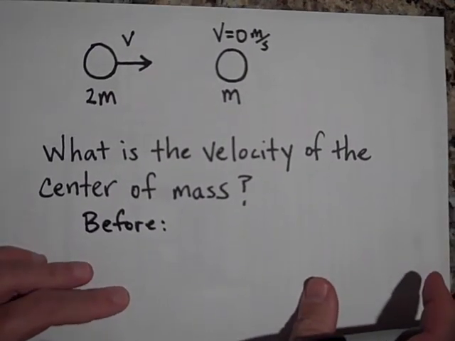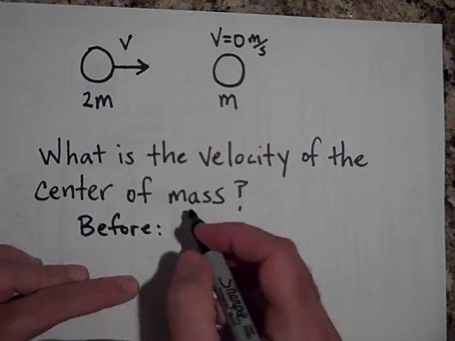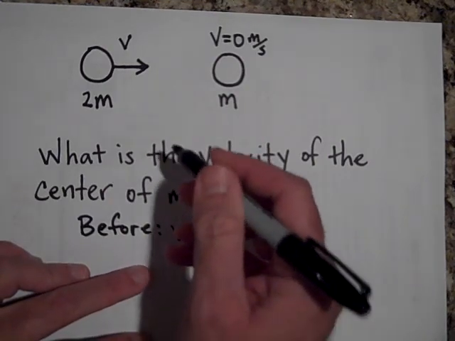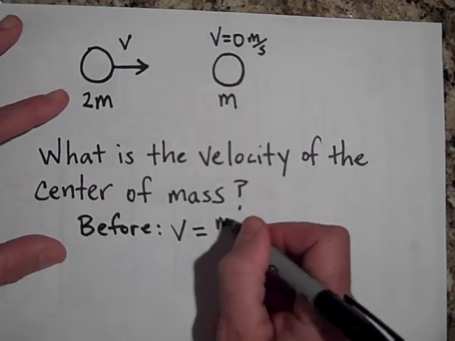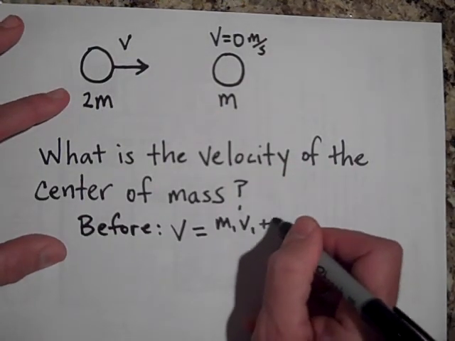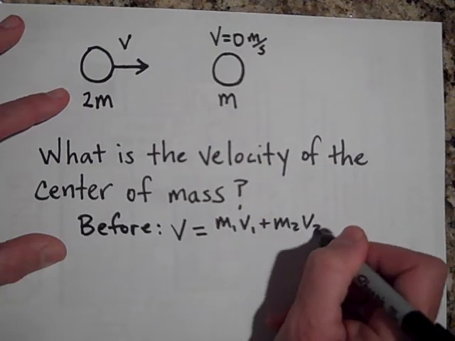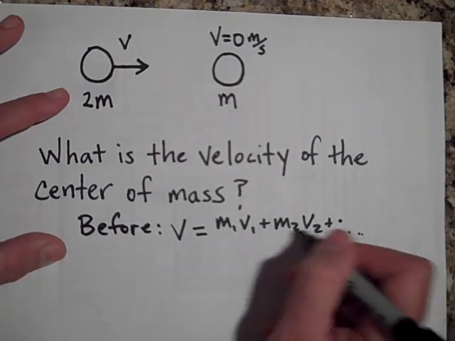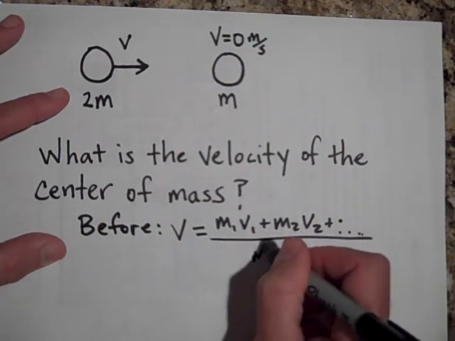Okay, the velocity of the center of mass before the collision is just m1 times v1 plus m2 times v2, and so on, divided by m total.